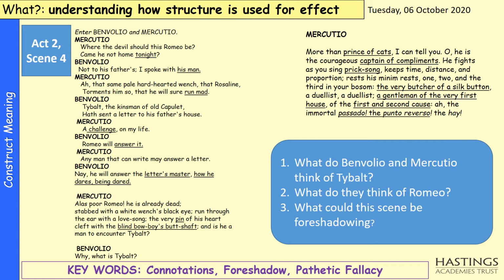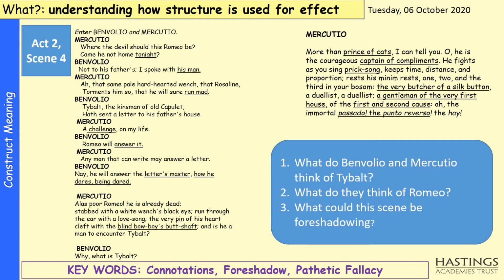Enter Benvolio and Mercutio. Where the devil should this Romeo be? Came he not home tonight? Not to his father's. I spoke with his man. Why, that same pale, hard-hearted wretch, that Rosaline, torments him so that he will sure run mad. Tybalt, the kinsman of old Capulet, hath sent a letter to his father's house. A challenge on my life. Romeo will answer it. Any man that can write may answer a letter. Nay, he will answer the letter's master, how he dares, being dead.